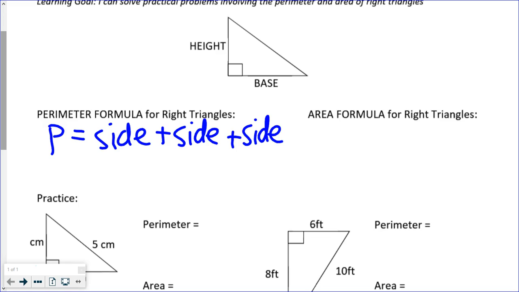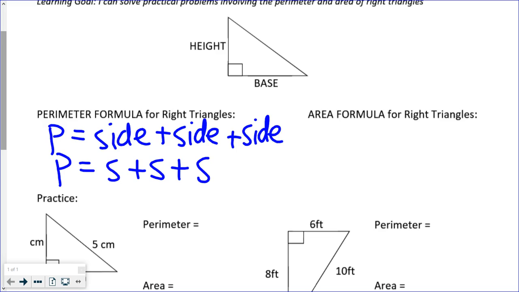If you want to shorten that a little bit, S plus S plus S. Each of those, though, are different measurements for the most part. There are some examples in other triangles where they may all be equal, but in a right triangle, you're going to have at least two of those be different measurements.